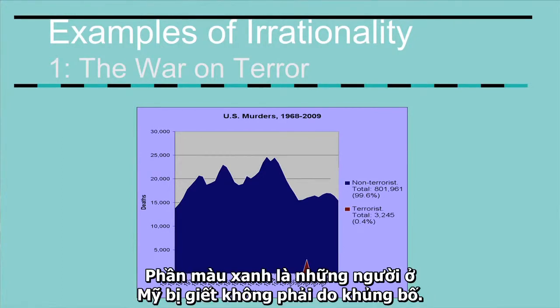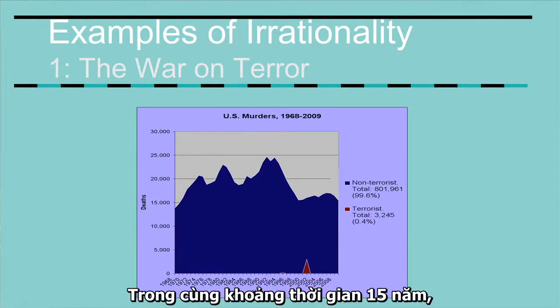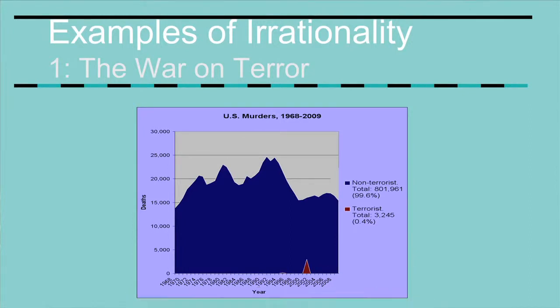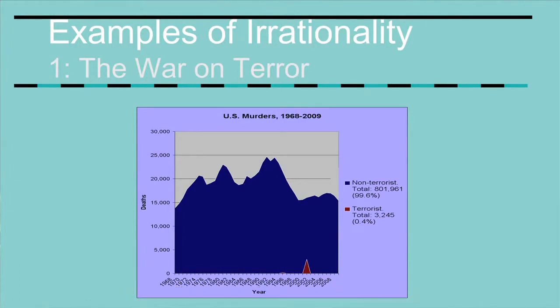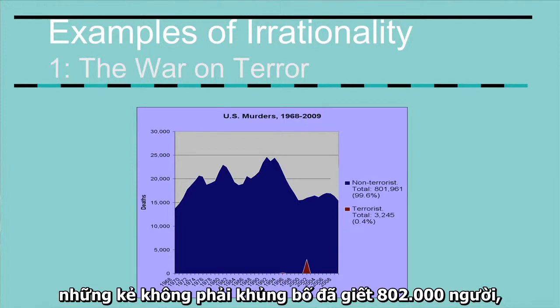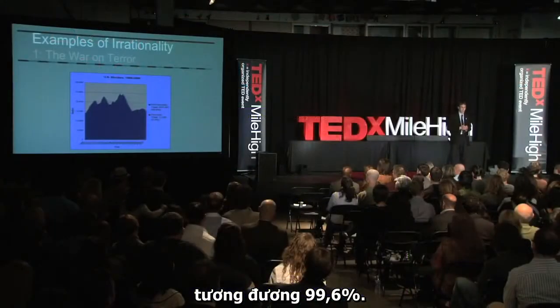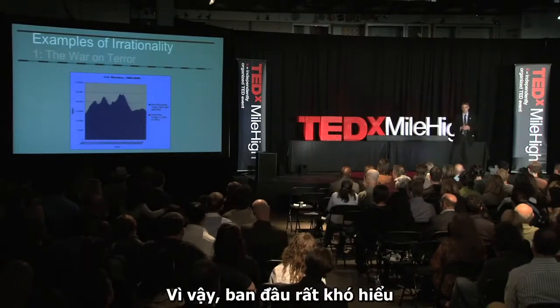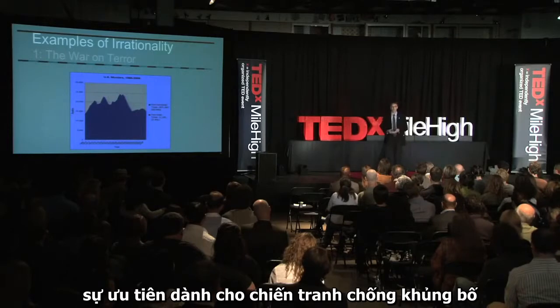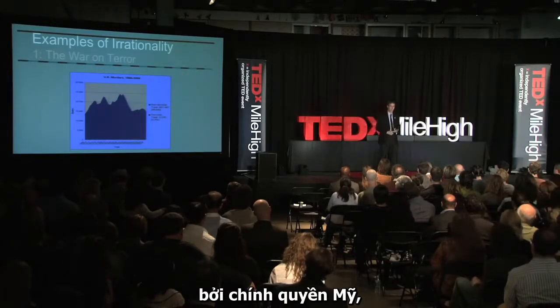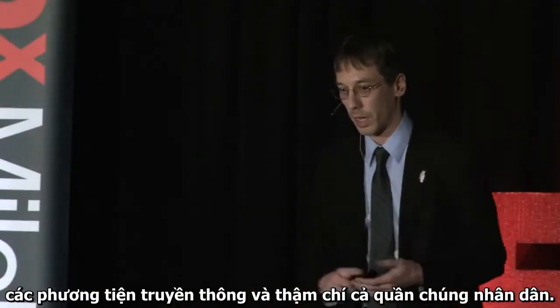The blue is the people who were murdered by non-terrorists over the same time period, the last 50 years. The terrorists killed about 0.4% of the total. The non-terrorists killed 802,000 people, or 99.6% of the total. Now, this initially makes it difficult to understand the priority that's been placed on terrorism by the United States government, by the media, and even by the general public.